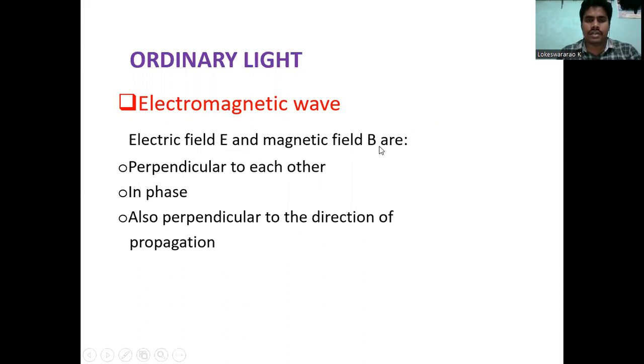These vectors are oriented perpendicular to each other. That means the phase angle between the E and B vectors is 90 degrees. That's why ordinary light is called an electromagnetic wave.